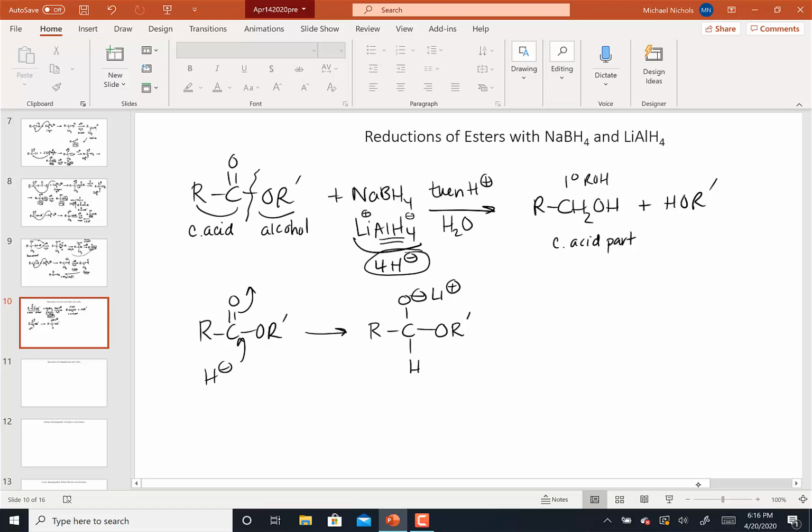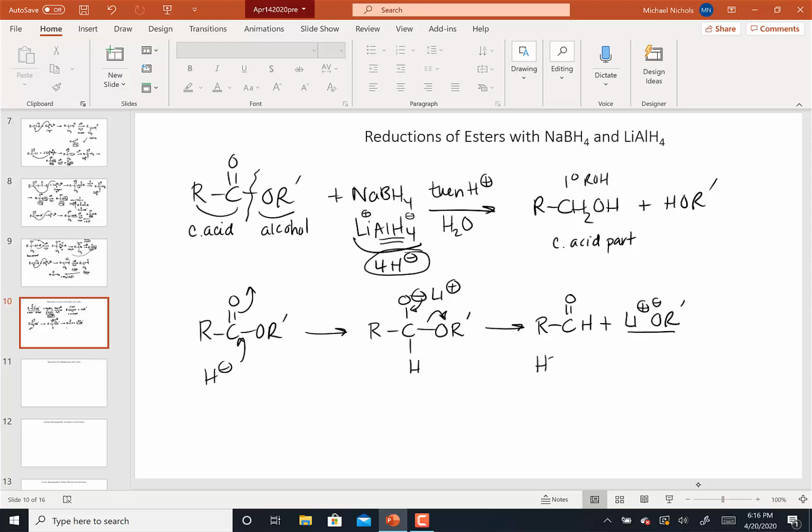And so now I'm going to bring this pair of electrons back down and kick off the OR group, because it's going to basically form the aldehyde, plus I'm going to end up losing the alkoxide, but the lithium is going to help stabilize that as it's lost. So it's not quite a magic step, but the lithium will help stabilize the OR minus as it leaves. That's going to leave the aldehyde.